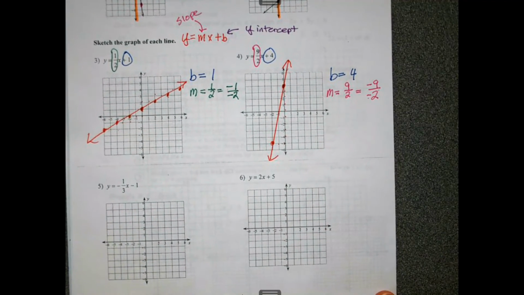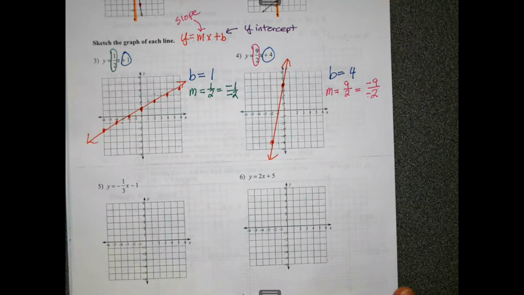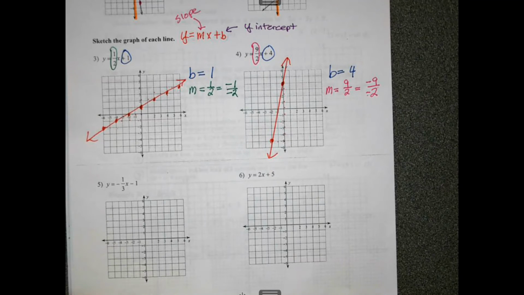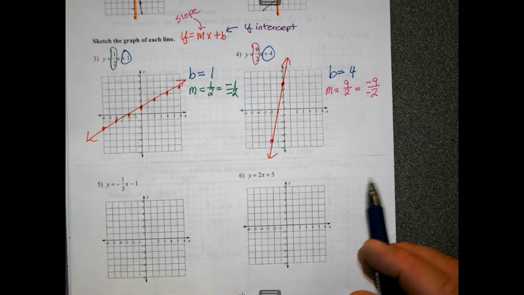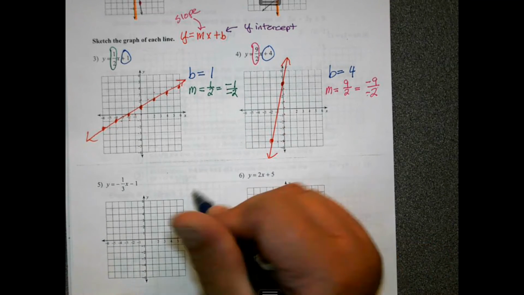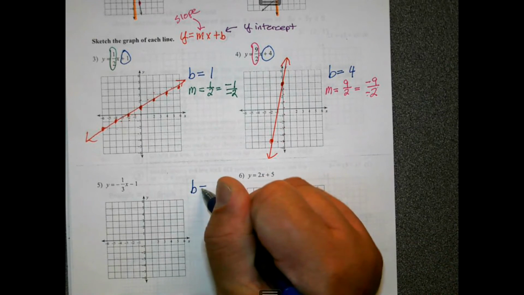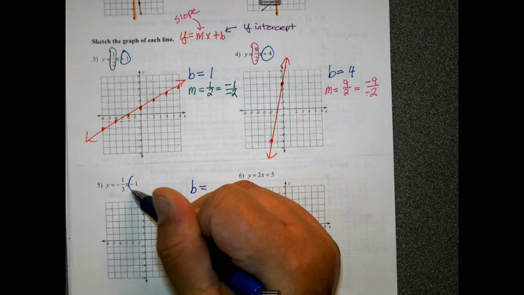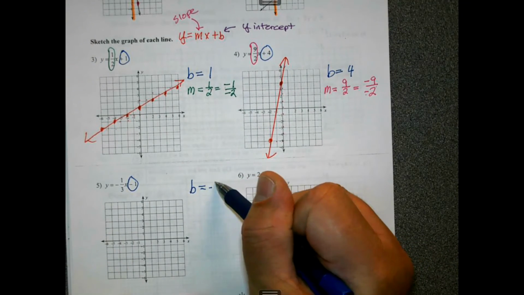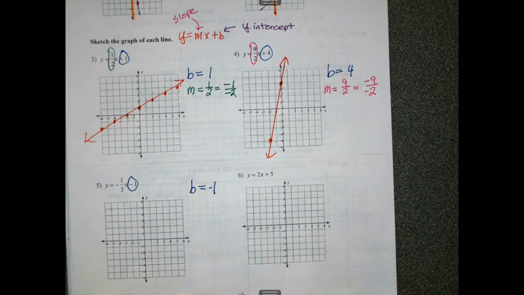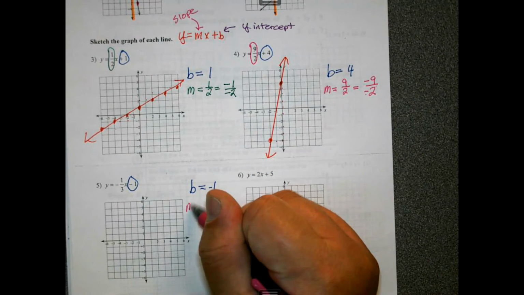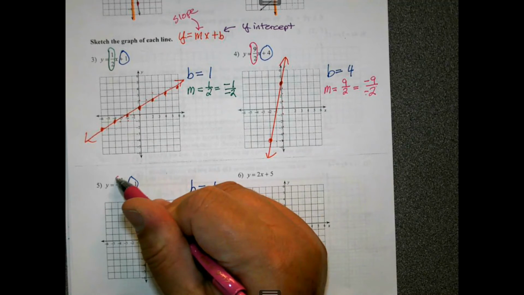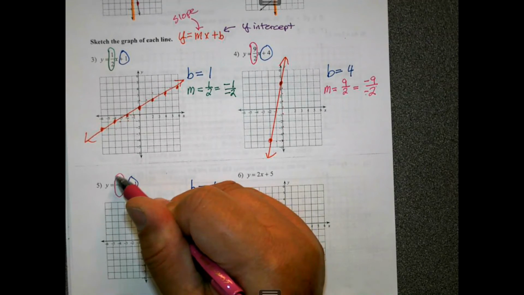By the way, slope intercept form is the easiest form to graph lines. Number 5, see my y-intercept, -1. My slope, -1/3.